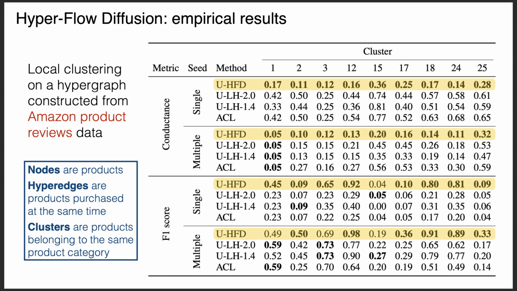From the table, it is clear that HFD produces the best results in terms of both conductance and F1 score, and also in both scenarios when we use either a single seed node or multiple seed nodes. In this data set, we only show results for unit cut cost because in our experiments, we saw that unit cut cost performs better than cardinality-based cut cost.